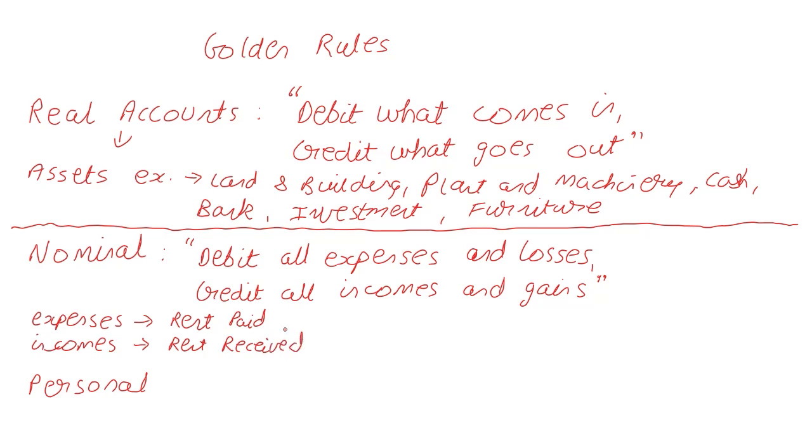So rent received is an income, rent paid is an expense. Similarly, interest paid is an expense, debit all expenses and losses. But interest received will be an income.